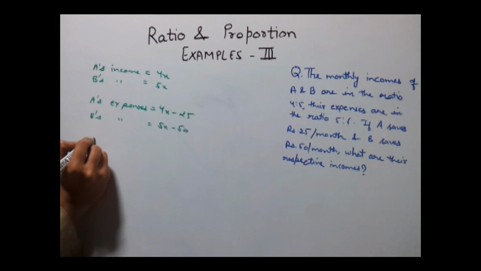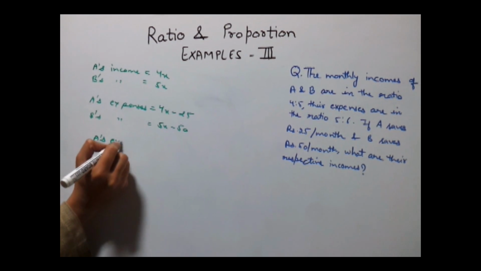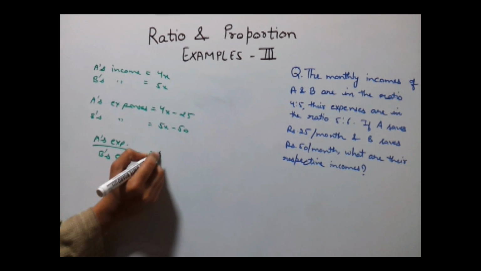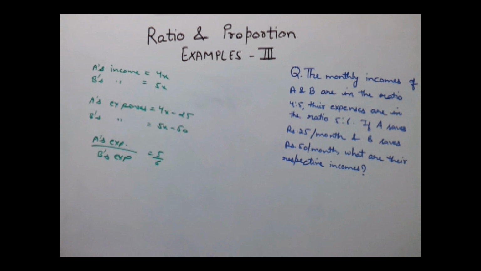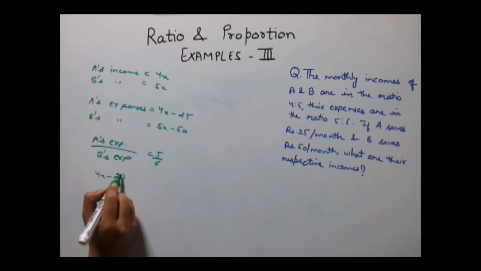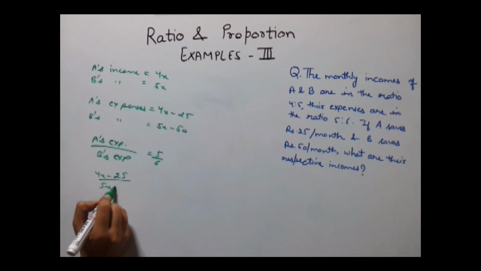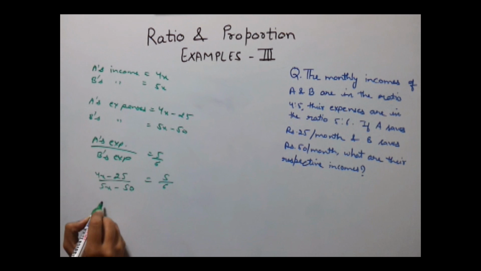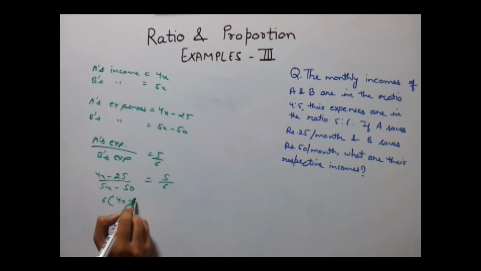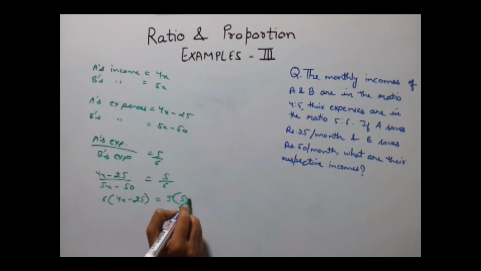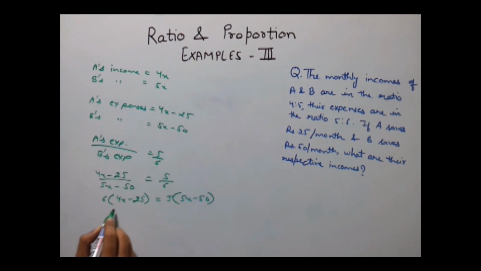So A's expense upon B's expense is equal to 5 by 6, and A's expense is 4x minus 25 upon 5x minus 50 is equal to 5 by 6. Doing cross multiplication, we will get 6 into (4x minus 25) equal to 5 into (5x minus 50).